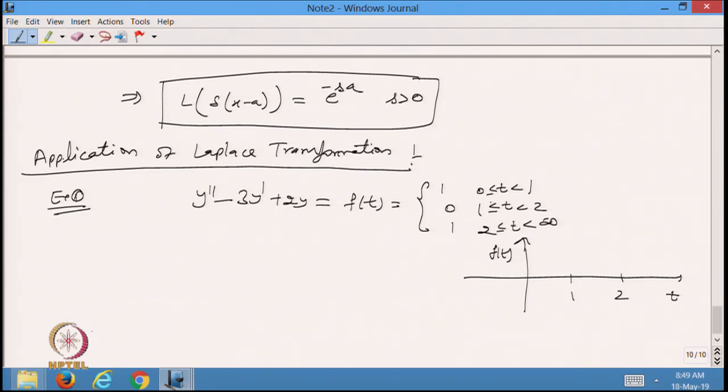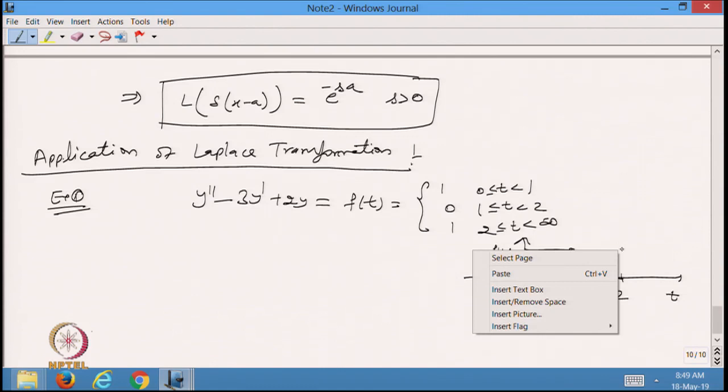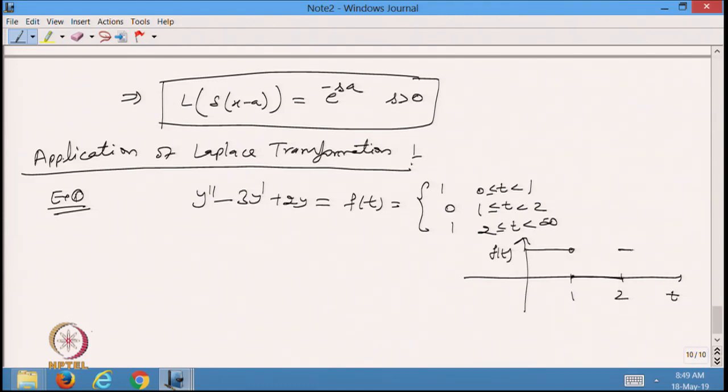So, from 0 to 1 its value is 1, because it is open at 1, and then from 1 to 2 its value is 0, and from 2 to infinity its value is like this. So, in this case my function f t is given to me in this form. So, it is a piecewise continuous form.